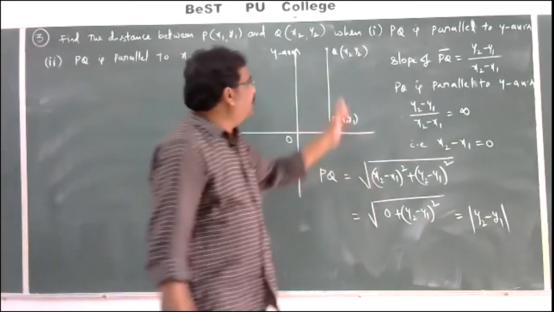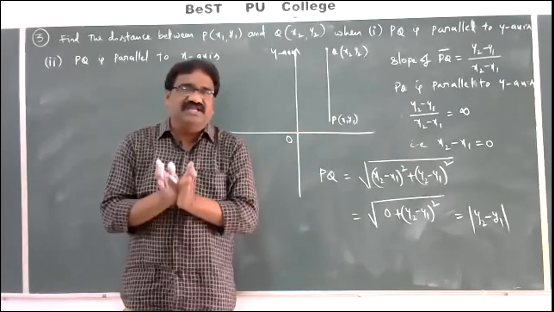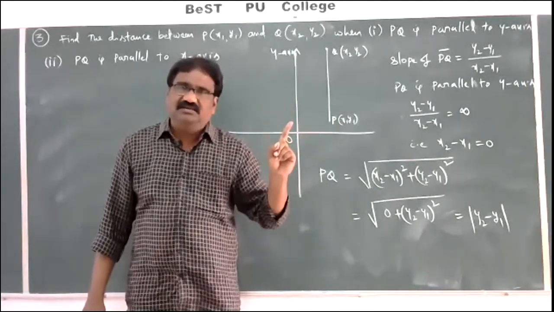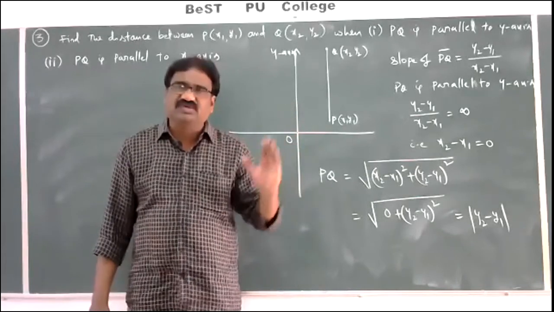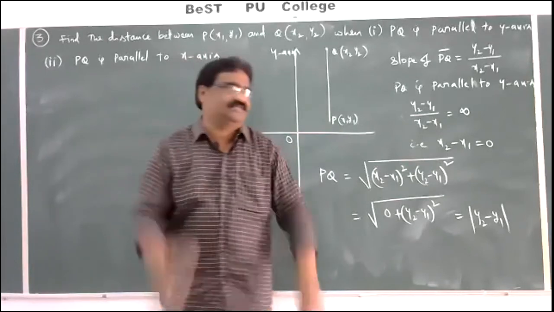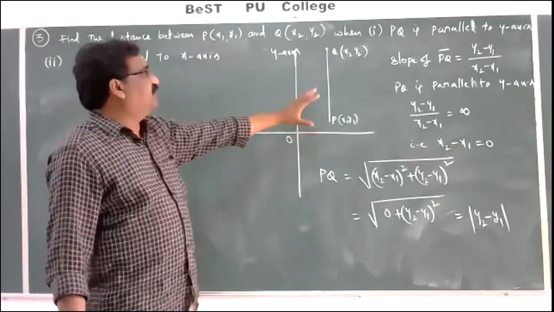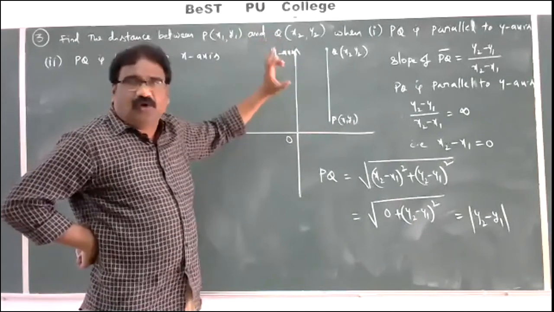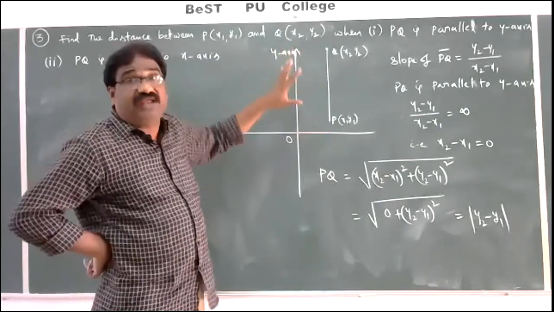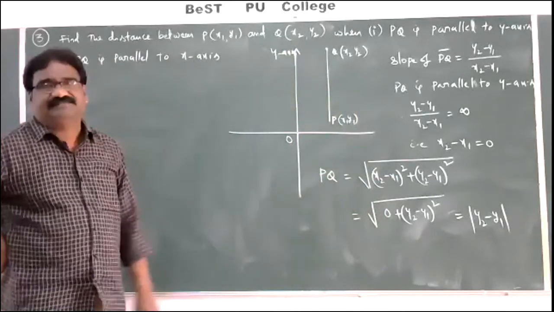So what are we observing here? If any line passing through the 2 points (x1, y1) and (x2, y2) is parallel to the y-axis, then directly you write the difference of the y coordinates as the distance.